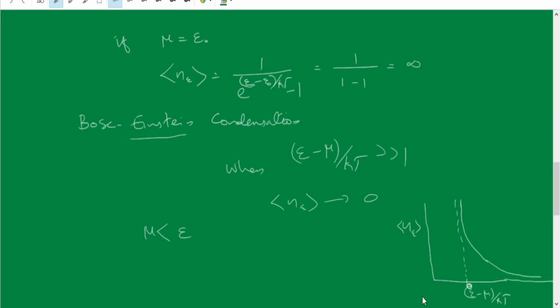So this is the graph of the Bose-Einstein case.